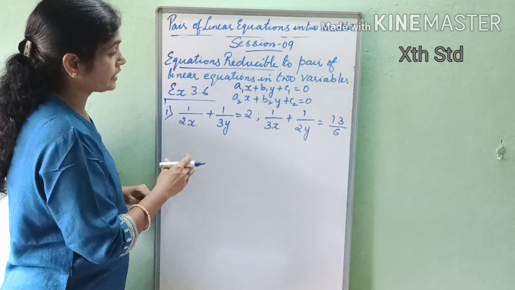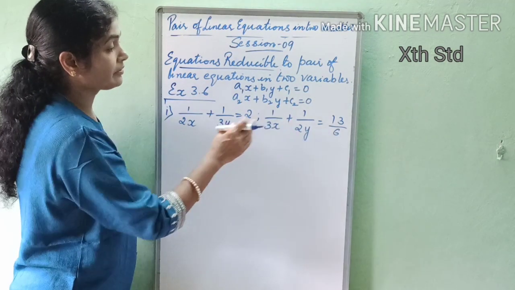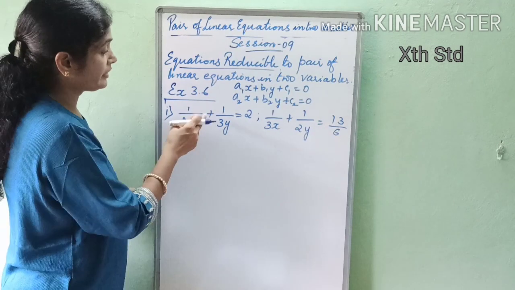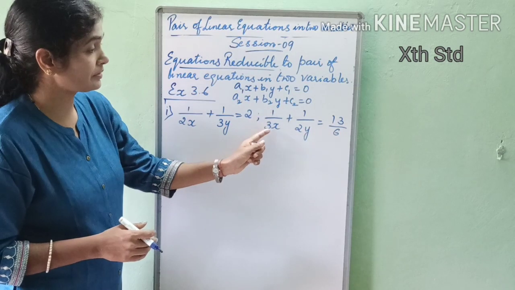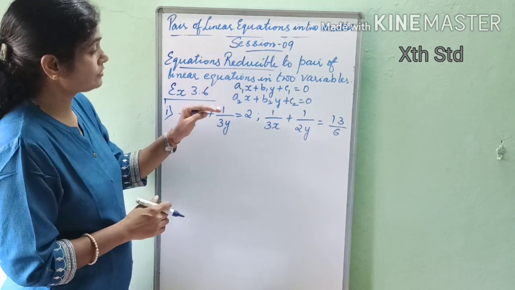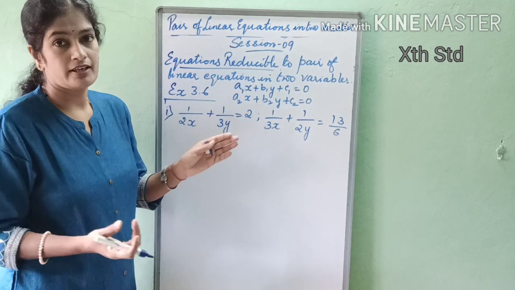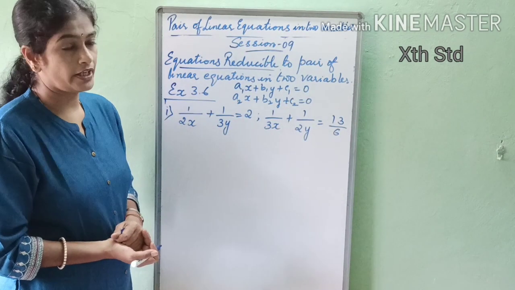Now if you just look at them, it is not matching, because here the variables are in the denominators, right? It is 1 by x, 1 by y, and here also 1 by 3x, 1 by 2y. First our aim is to reduce them into this standard form, and once we have got this, we have the ways of finding the values of x and y.